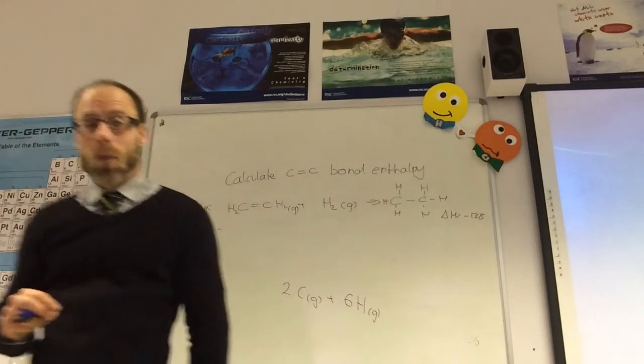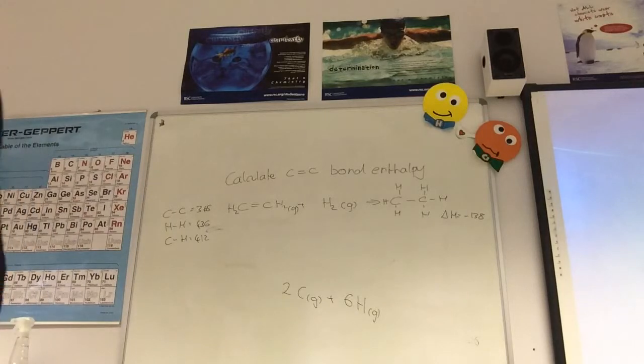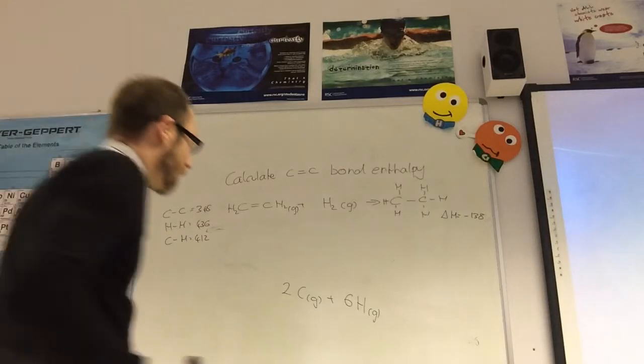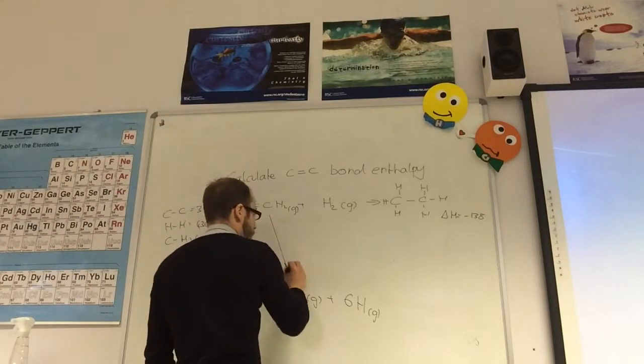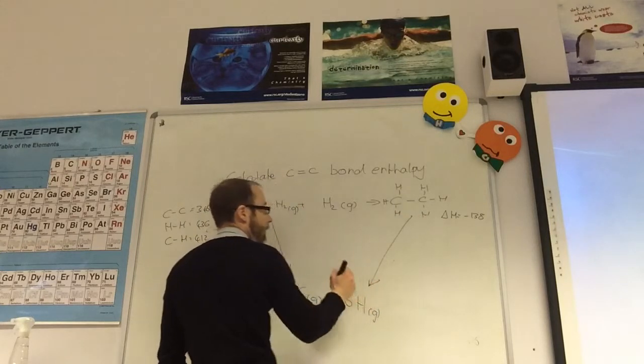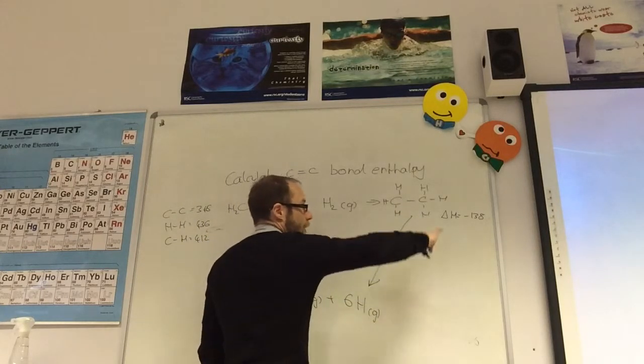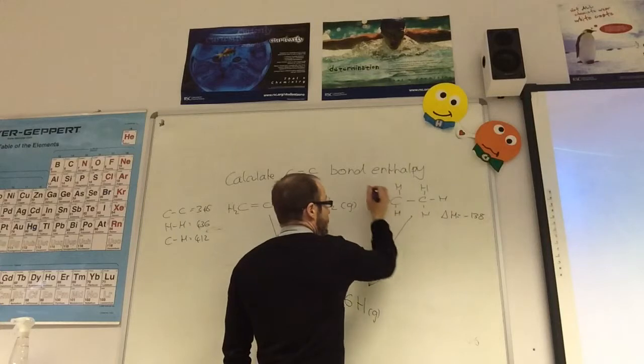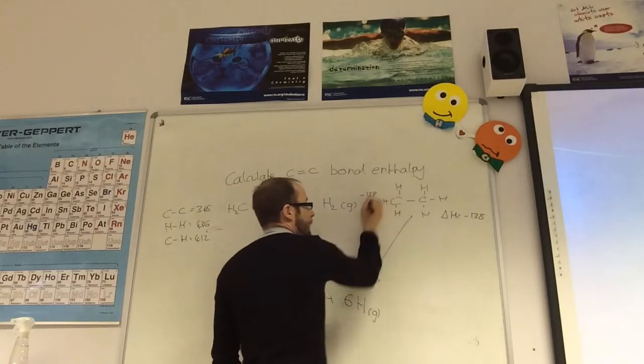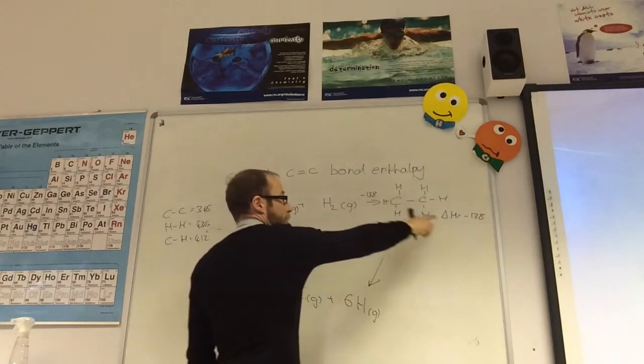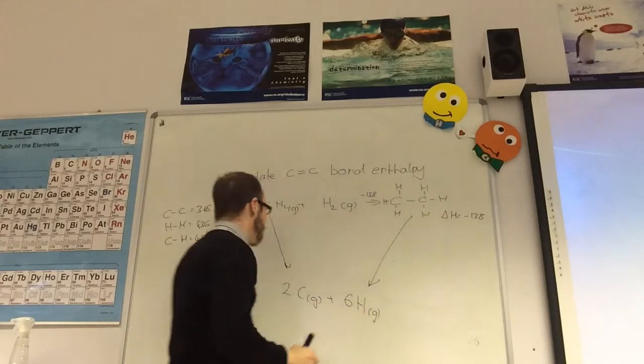Okay. Once I've got that, I then need to put my arrows on. So my arrows go down. On that arrow goes my minus 138. Yep. Because that's delta H reaction.